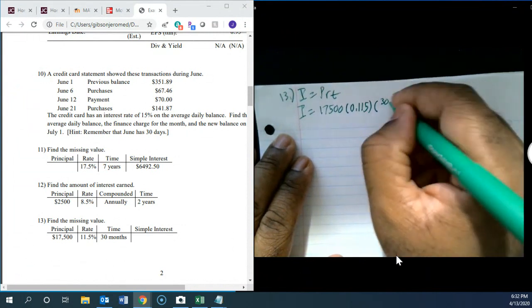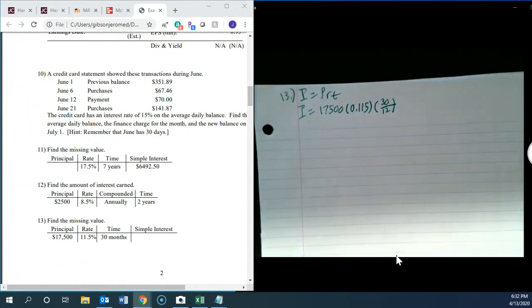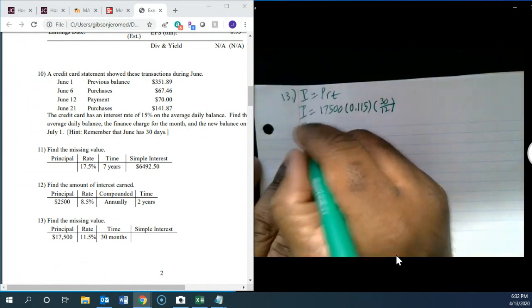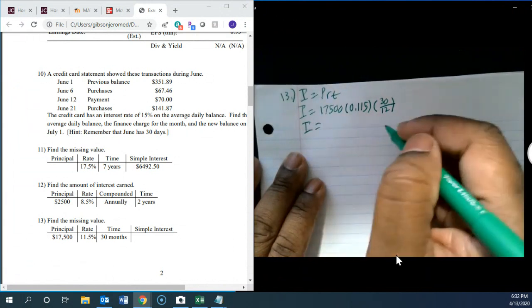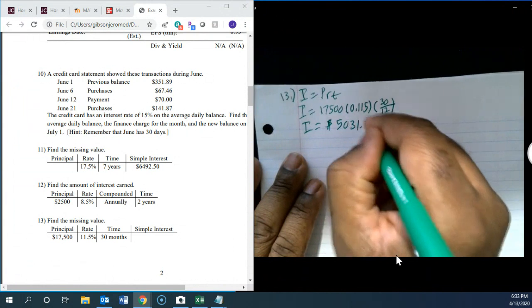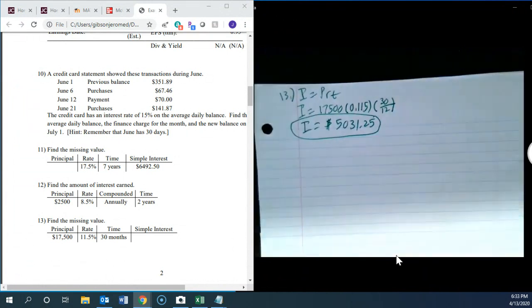So it'd be 30 over 12, because we know there are 12 months in a year, so we could take the months and divide it by 12, and that would give us what that is for a year. So now, once you put this in your calculator, it will give you $5,031.25. And that will be your simple interest for problem 13.